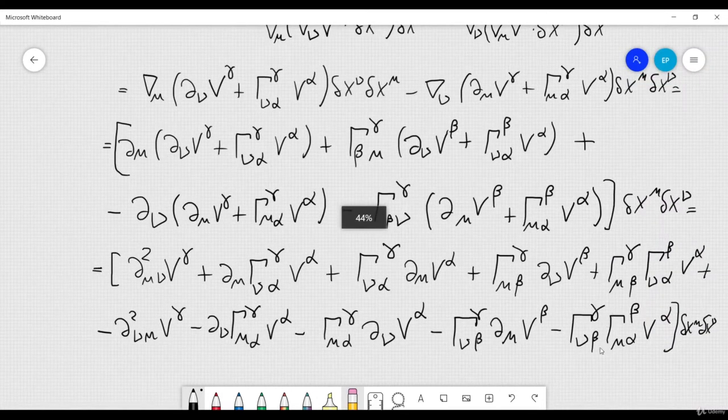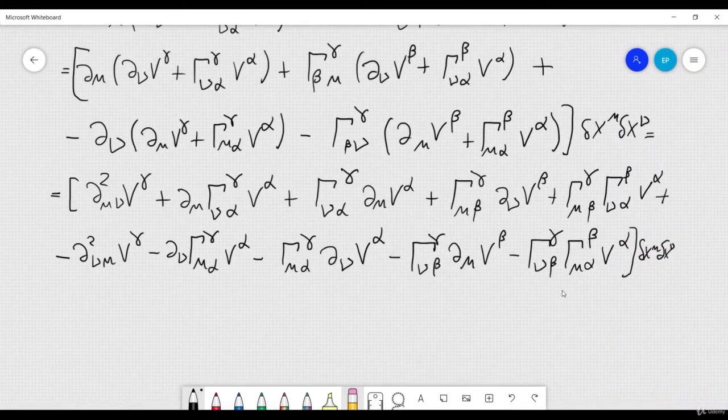And now it seems complicated, but actually some terms will cancel, because here, for example, we have the second derivative of v gamma with respect to mu and nu, which cancels this term here because the order of differentiation does not matter in the case of Euclidean derivatives, right?